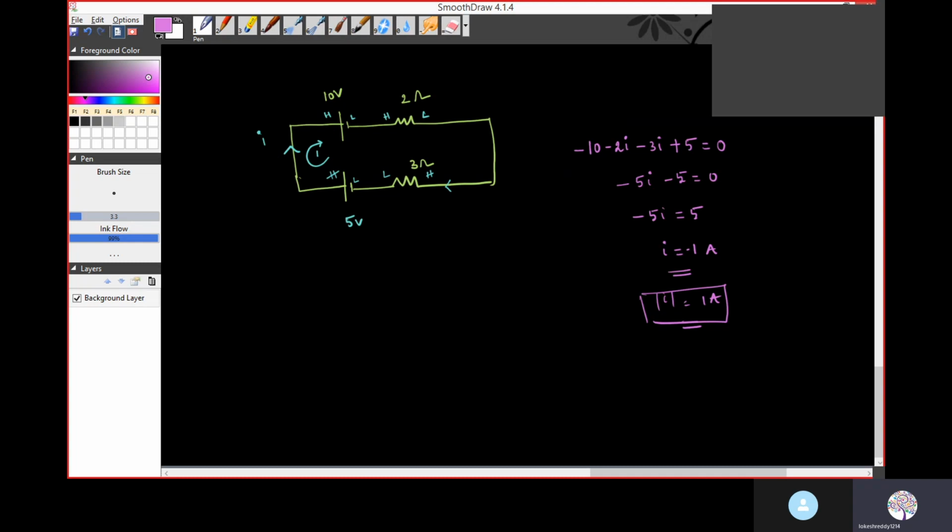Now we can calculate this by using the other method also. Let me show you how to solve it in another method. You calculate E net here. They were wrongly connected here, so this is 10, this is 5. So the net EMF is equal to 10 minus 5, that is equal to 5 volts.